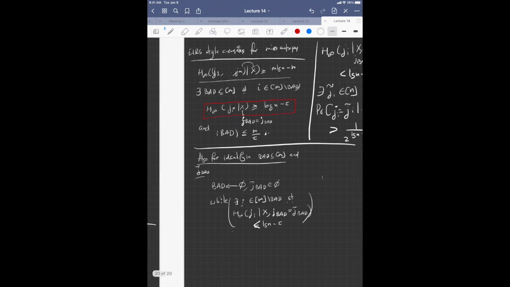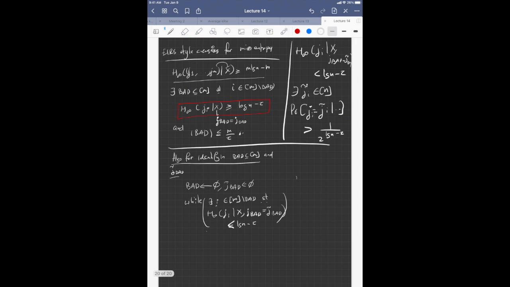Okay. So by applying that logic here, since h infinity is strictly smaller than log n minus tau, there must be some particular value j tilde I which appears quite frequently, so that the probability of ji equal to j tilde I is at least 1 over 2 to the log n minus tau.